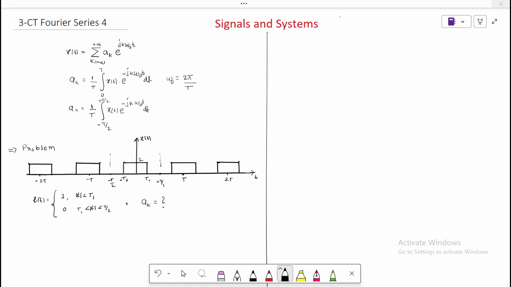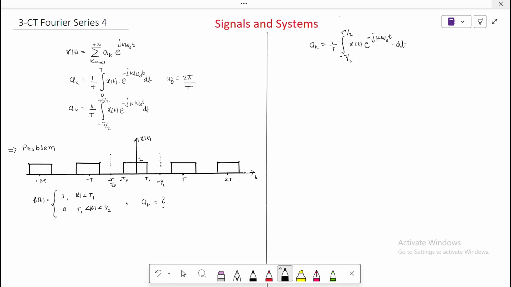Using the general formula, ak equals 1 by T integral from minus T by 2 to plus T by 2 of x of t into e power minus jk omega naught t dt. In this signal, x of t has magnitude only from minus T1 to T1.